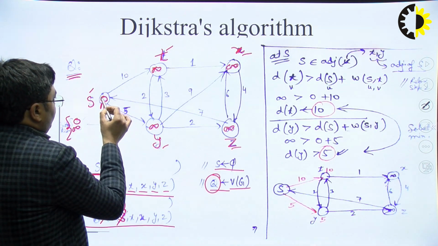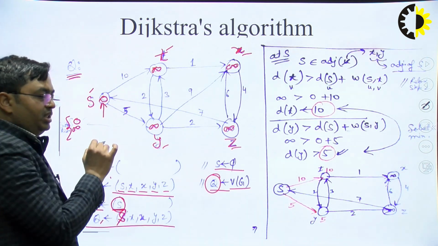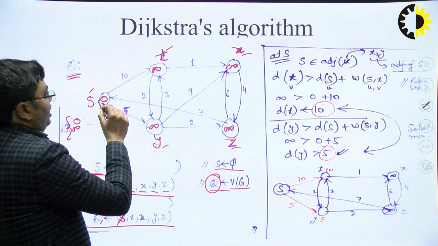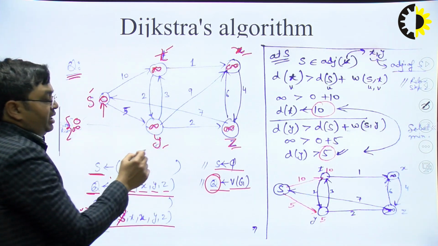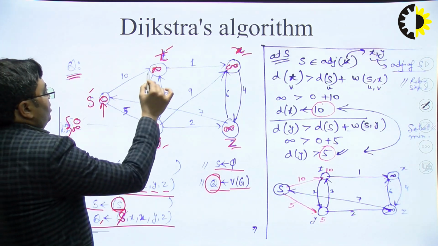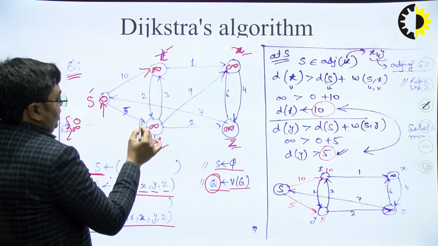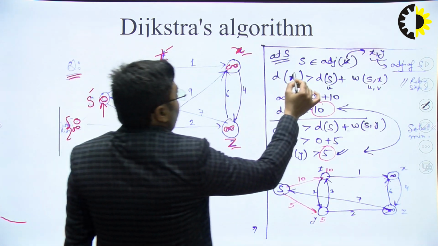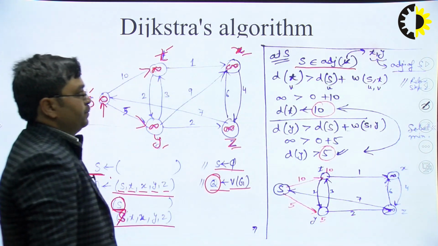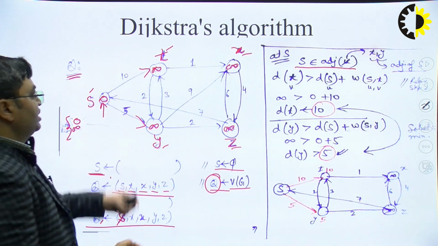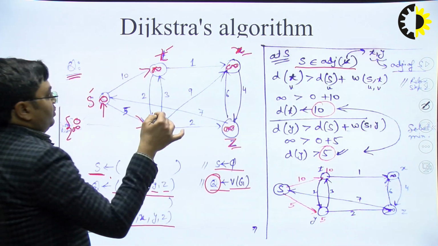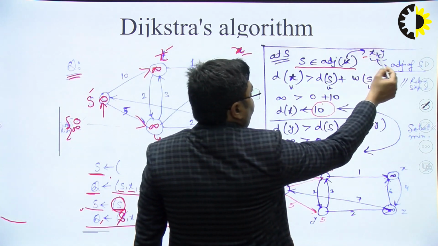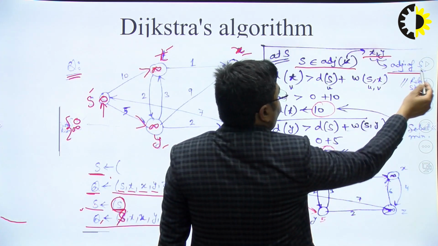From source node S, at distance 0, we can go to the adjacent nodes. The adjacent nodes of S are only 2: T and Y.